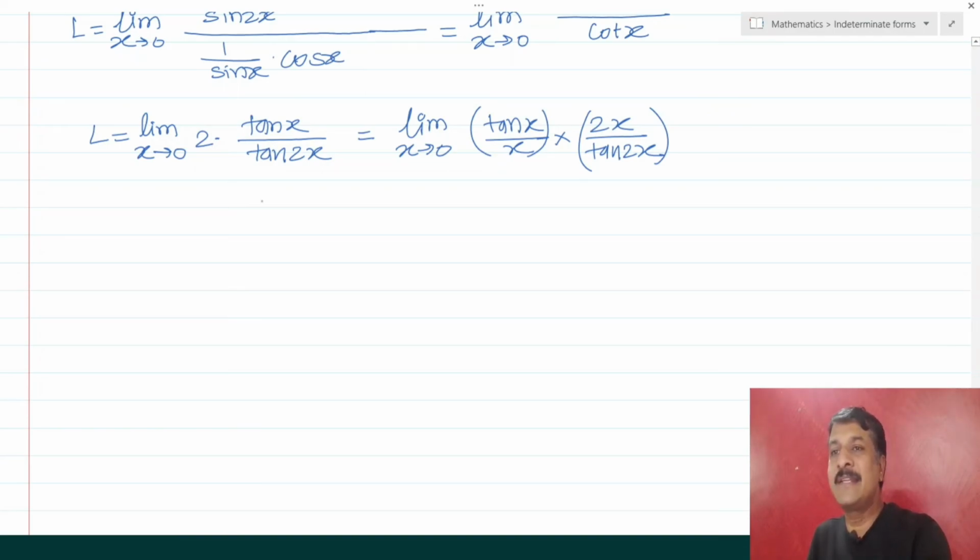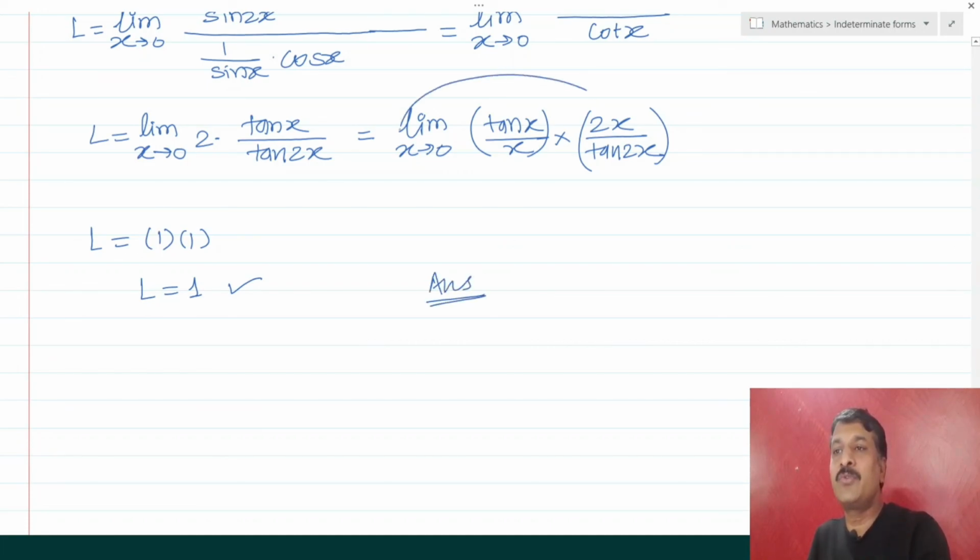These two are already there, and that is why, as we know, limit x tends to 0 of tan x by x equals 1. Similarly, theta upon tan 2 theta as theta tends to 0 is also 1, and therefore I am getting 1 into 1. So what is the value of this limit? It is 1, which is your required answer.